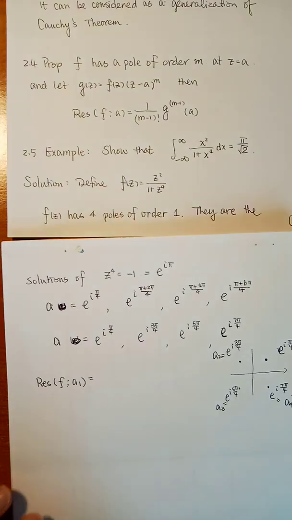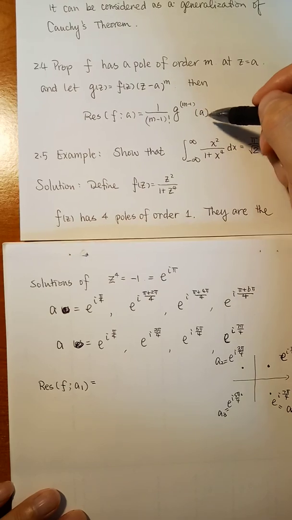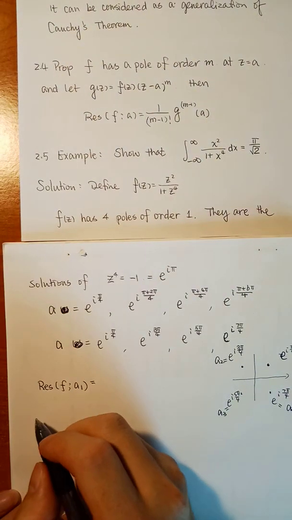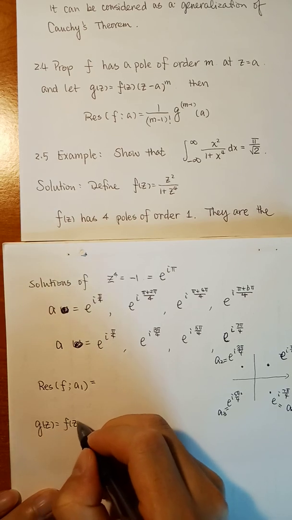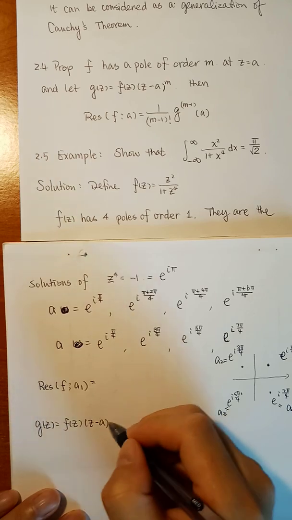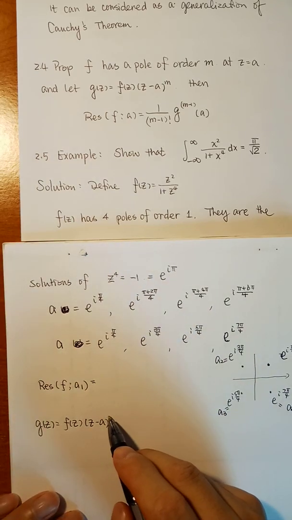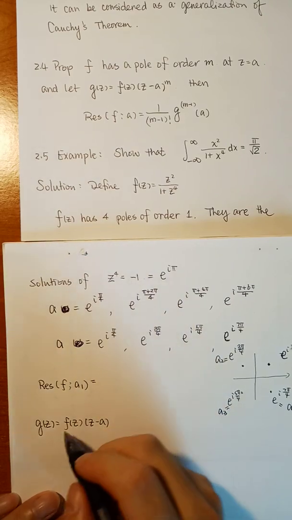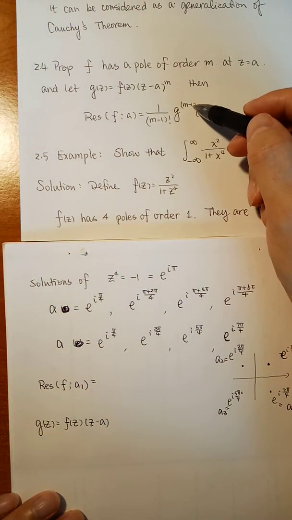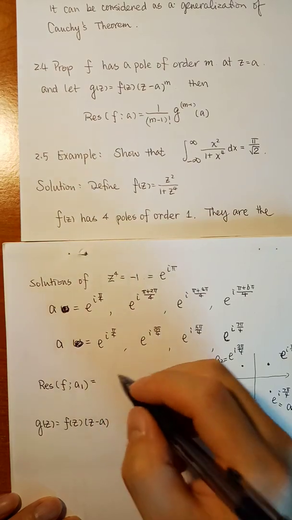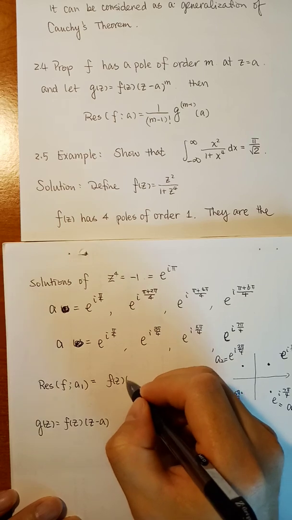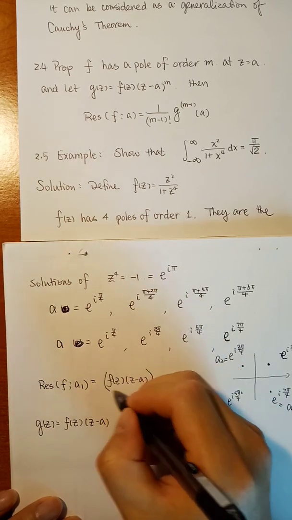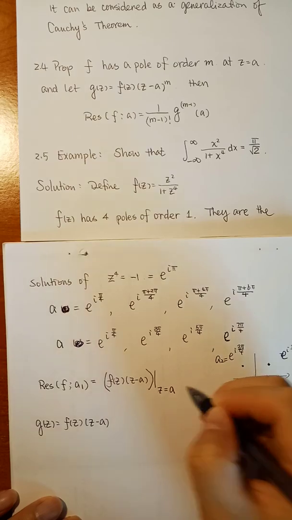For a1, remember the residue computation: g of z is f of z times (z minus a) to the m-th power. Here m is 1, so the m-th power is just 1. And we take the zeroth derivative, which is the evaluation. So the residue is the evaluation of f of z times (z minus a1) at z equal to a1.